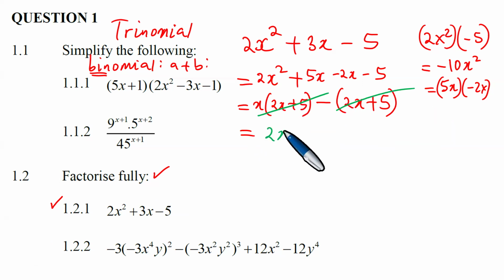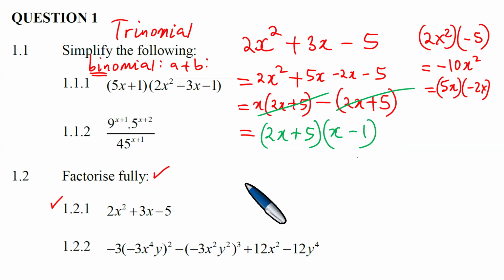And then this thing that is common, you put it outside like this, which is 2x plus 5 in parentheses, or in brackets. And then, because you cross this out, you're left with x and minus 1, like this. And these are the factors. But the teacher might not have taught you this.